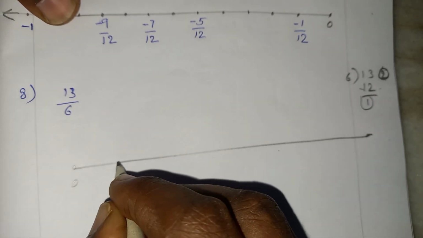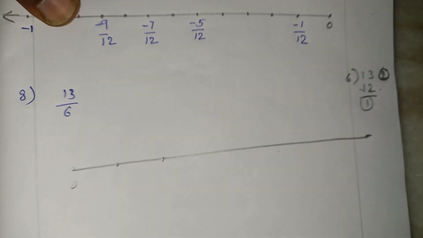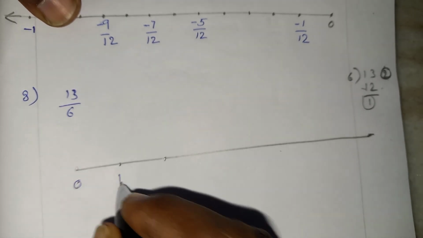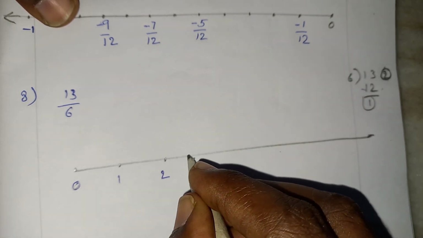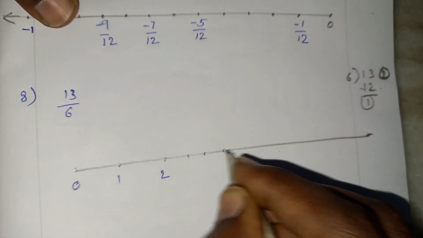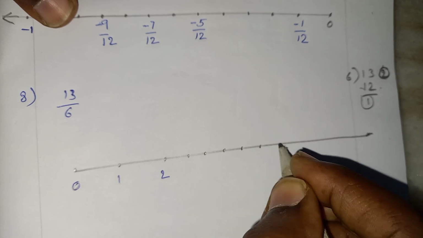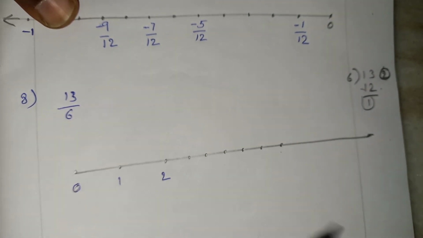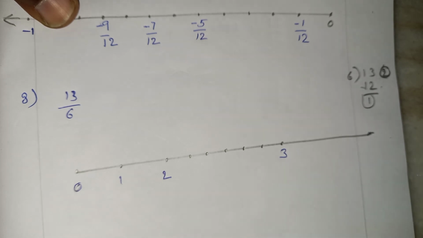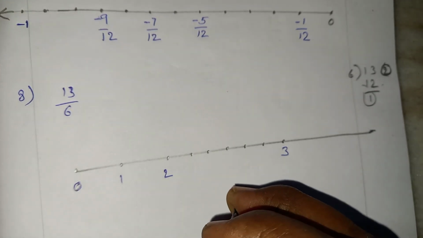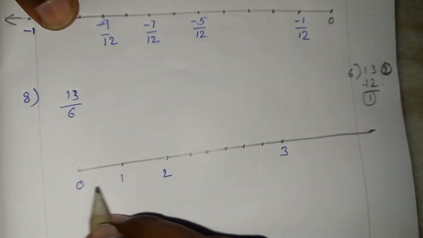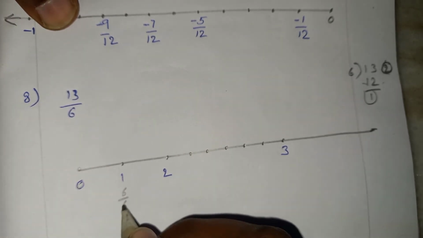So I am going to keep 0, 1 and 2. Okay. And we have to make 6 parts after 2. 1, 2, 3, 4, 5, 6. 6 parts means this will be 0. So each one you are making as 6 parts means here it will become up to 6 by 6.